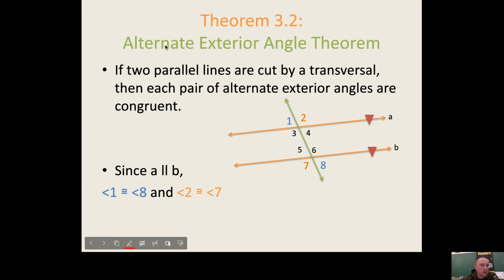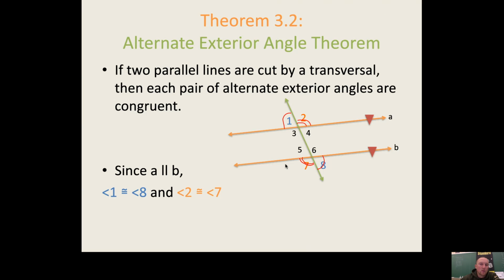Okay, here's another theorem. It's the alternate exterior angle theorem. If two lines are cut by a transversal, here's your two lines, and they're parallel, that's the important part, the alternate exterior angles are congruent. So angle 1 and angle 8 are alternate exterior. They have to be congruent. Angle 2 and angle 7, they're also alternate exterior.